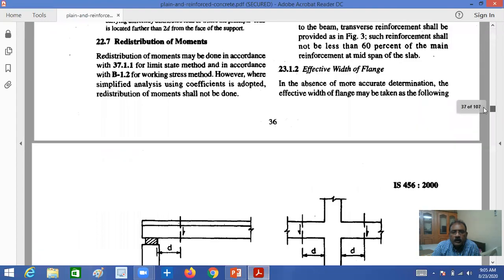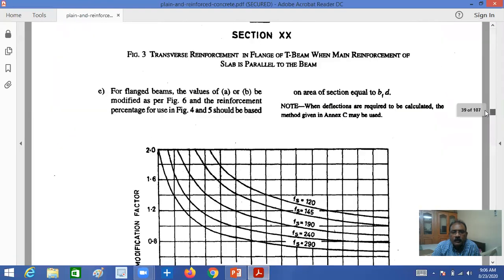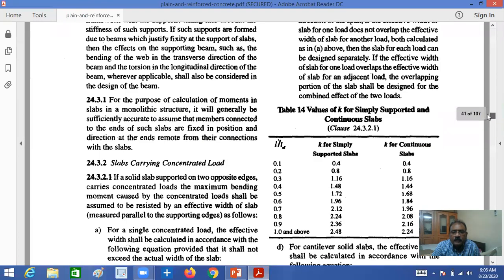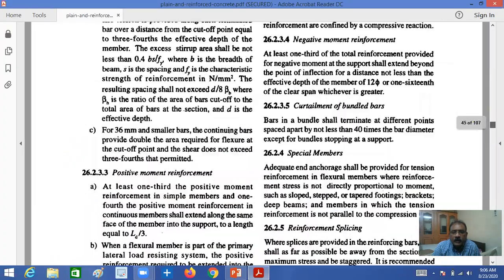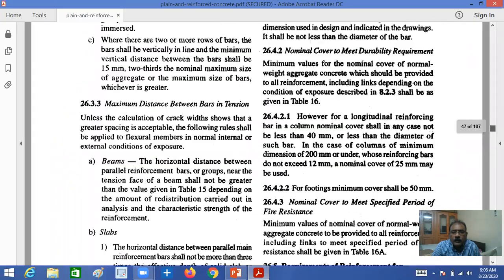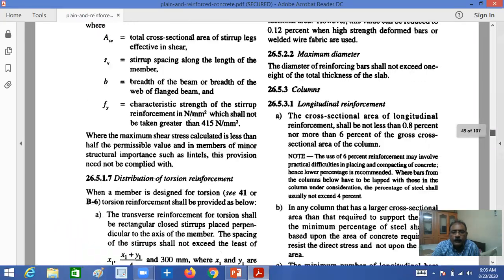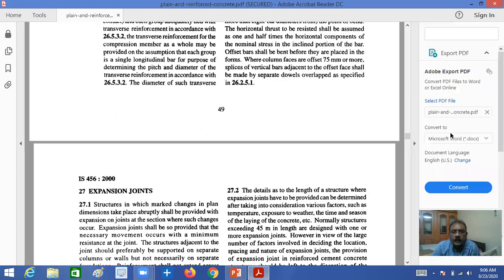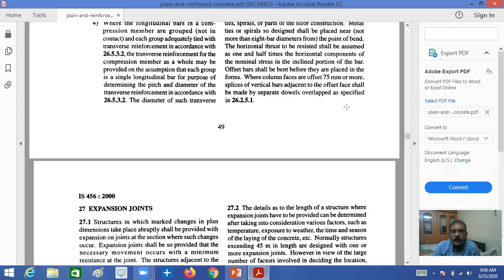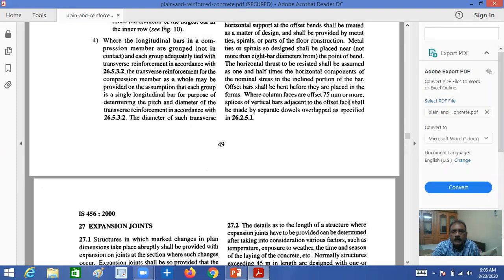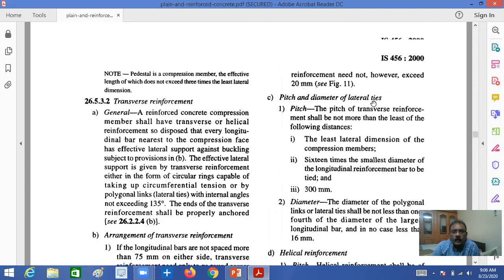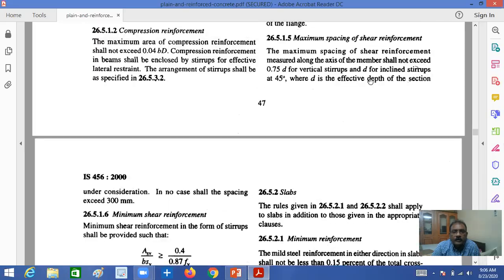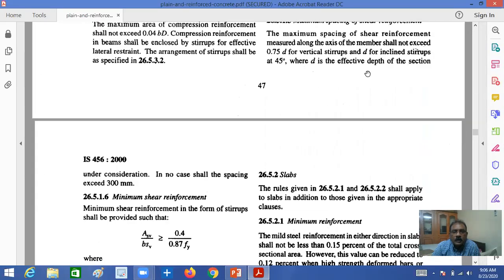I will show you different types of columns, where we will see different column sizes as per the code given. See here, you will have different types of columns.